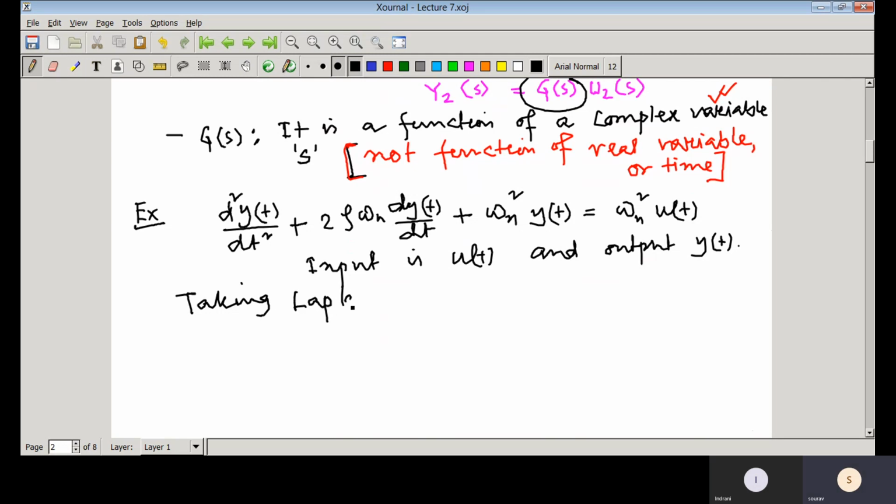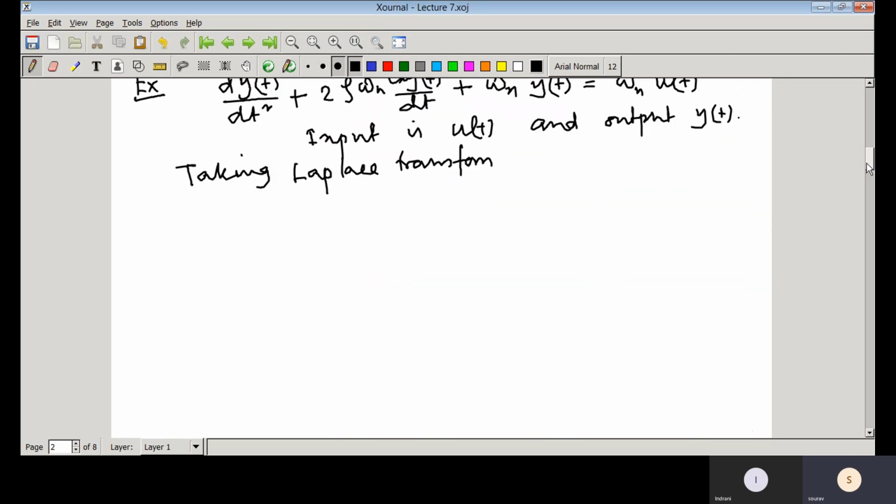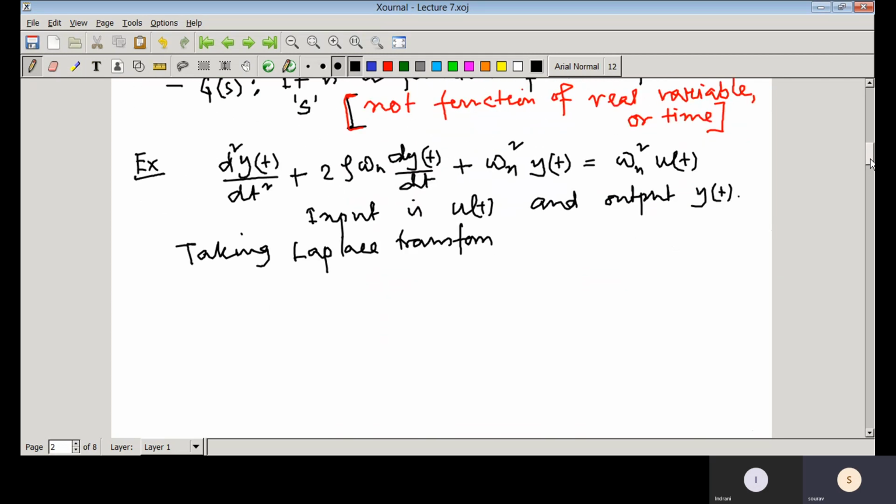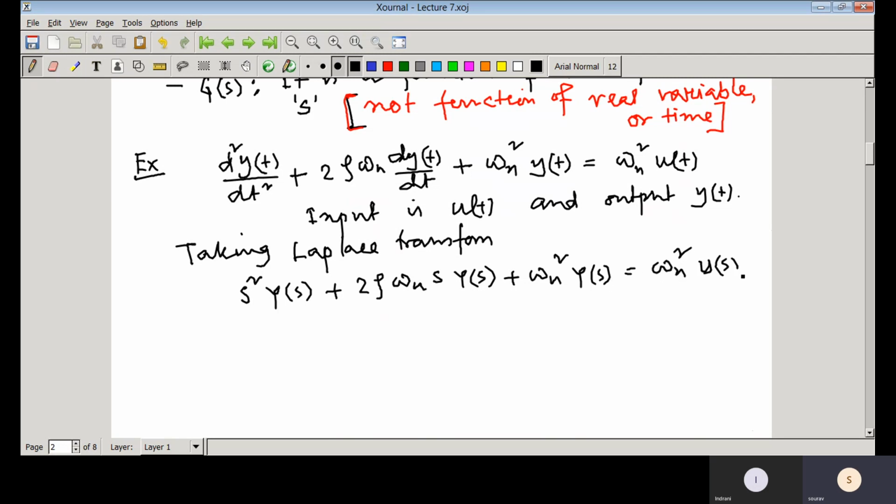So now if we take the Laplace transform, what do we get? Here we will be getting s square Y(s), now twice zeta omega n s Y(s), then omega n square Y(s), and here you get omega n square U(s).